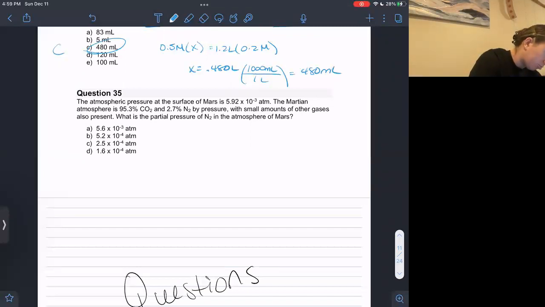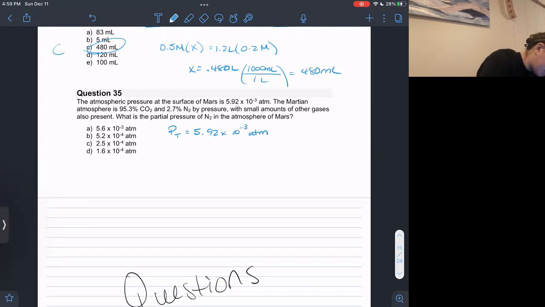So when I think of partial pressure, the total pressure P total is 5.92 times 10⁻³ atm.